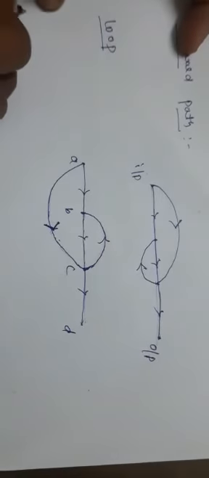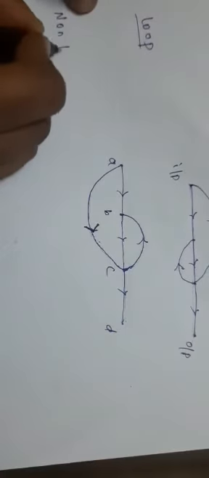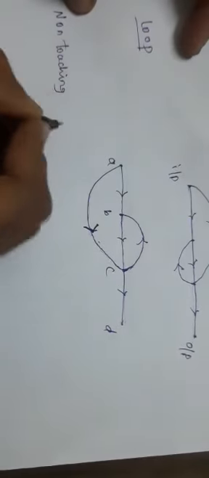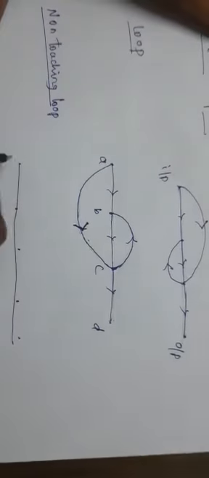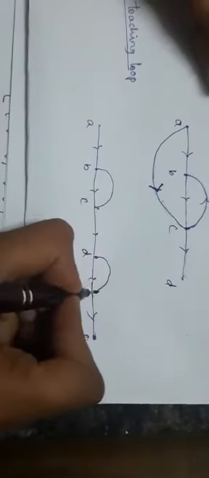Next is non-touching loop. If there are two loops in the system, take these as A, B, C, D and E. One loop is like this, and one is like this.